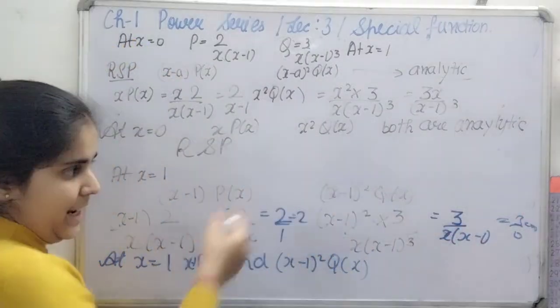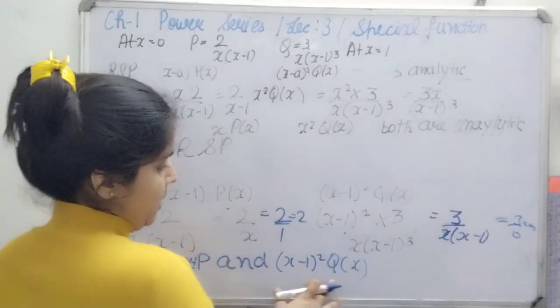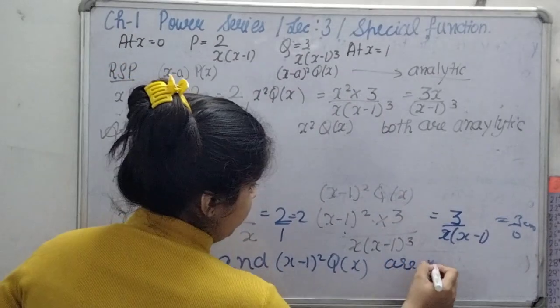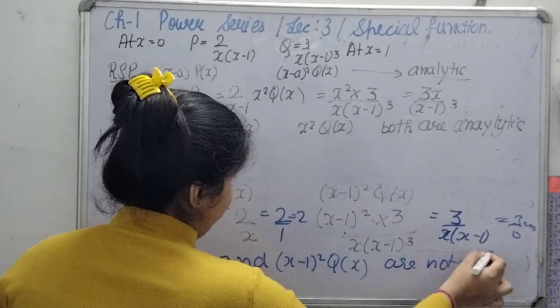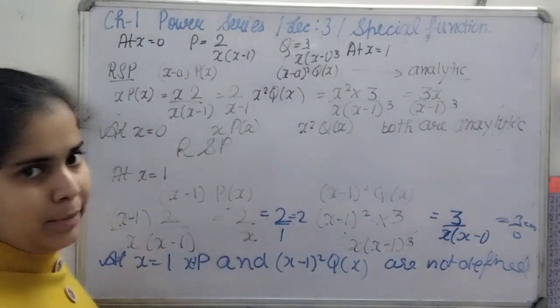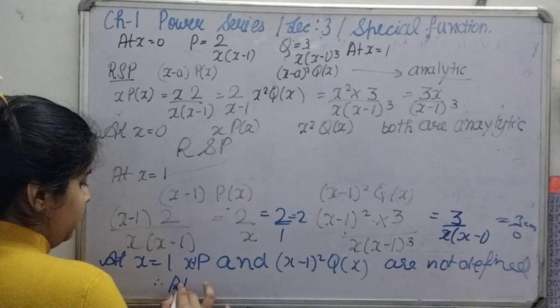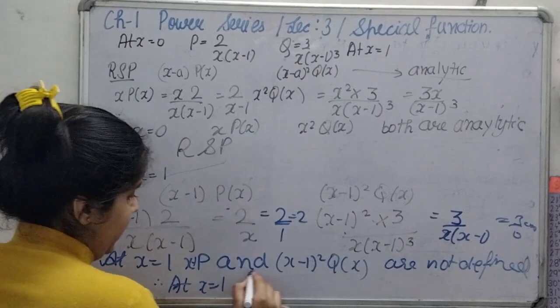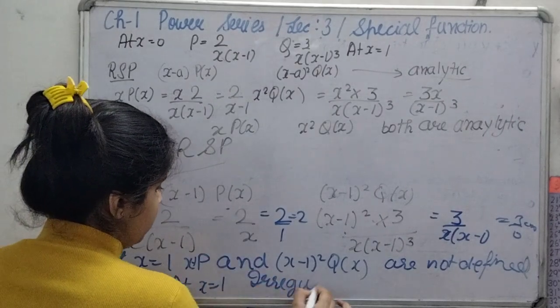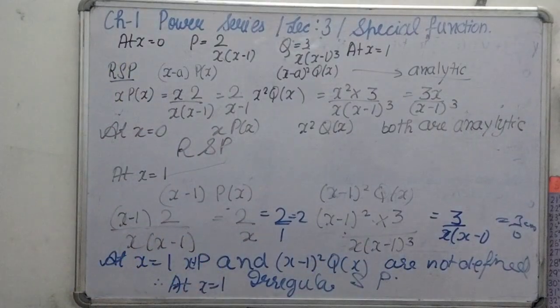Means p is defined but q is not defined. If even one is not defined, you will write here they are not defined, which means not analytic. Hence, at x is equal to 1, we have an irregular singular point. I hope I made it clear to you.